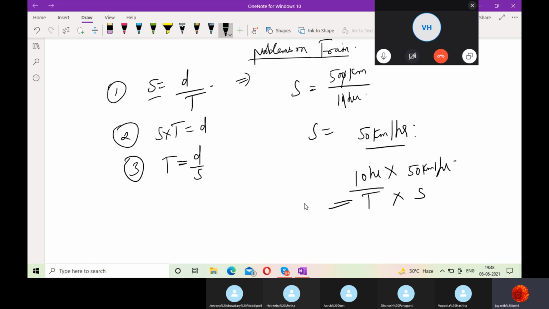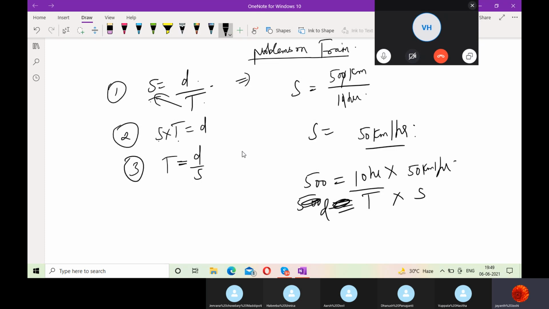So the distance is 500. Yes. So distance is equal to time into speed. So the formula for speed is distance by time. The formula for distance is speed into time, and the formula for time is distance by speed.